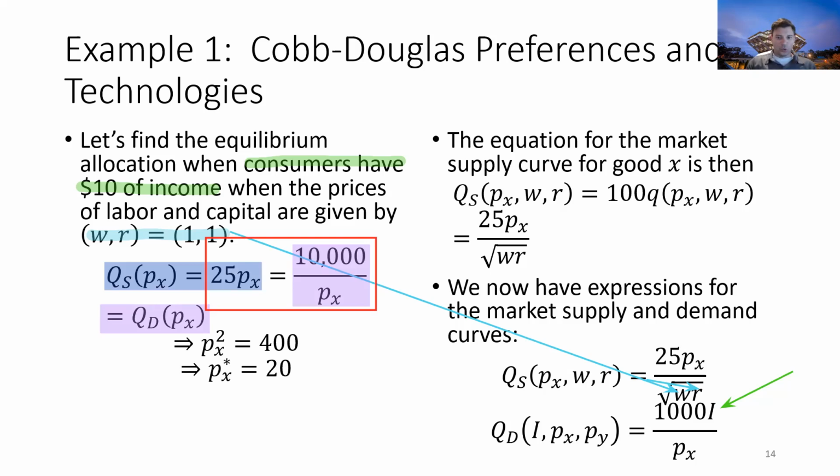If you take that 20 and you substitute it either into the demand curve or into the supply curve, it shouldn't matter which one because we set them equal. Okay, what is the equilibrium quantity in this market?